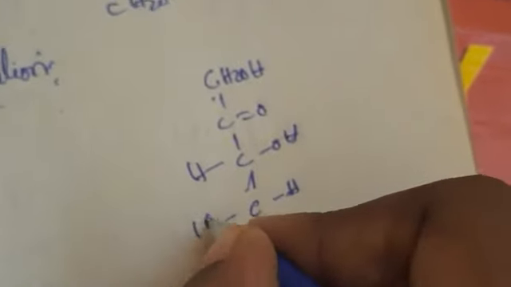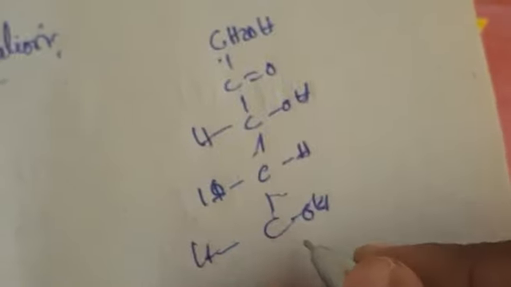Let us see the alpha form. First let us write the equilibrium mixture of fructose. CH2OH, C double bond O, OH, H, H, OH, OH, H, CH2OH.